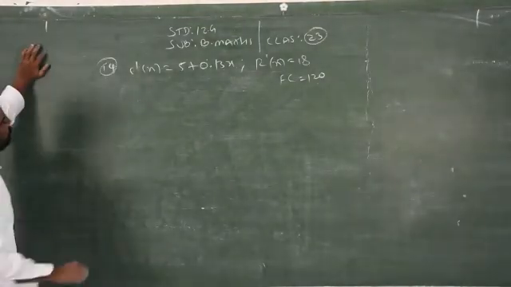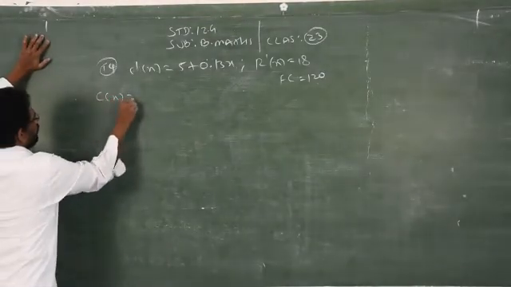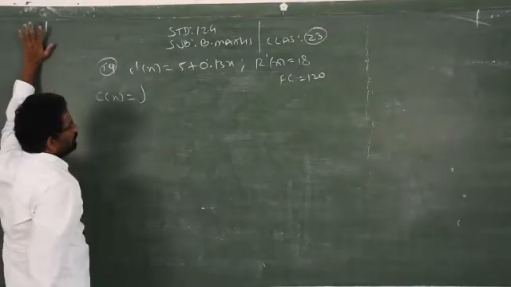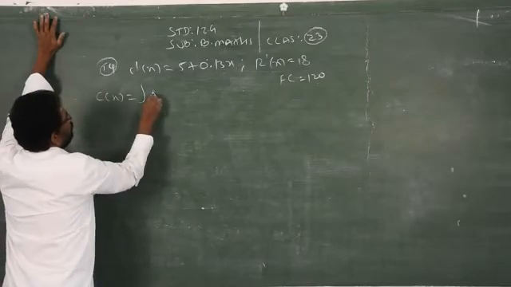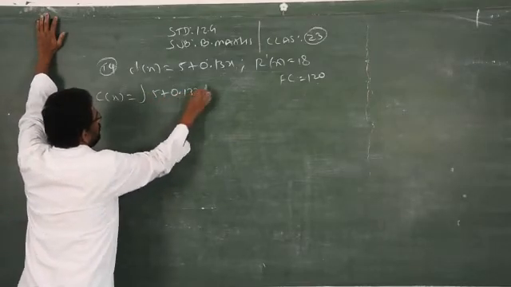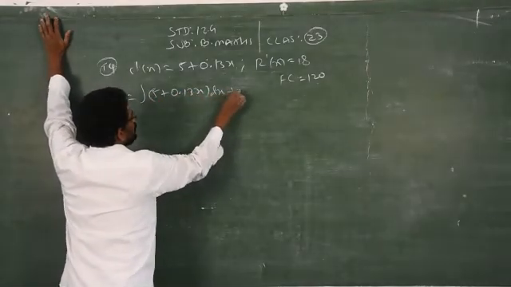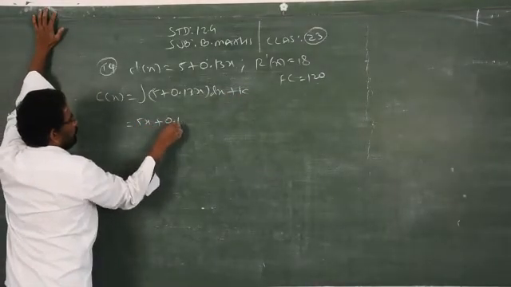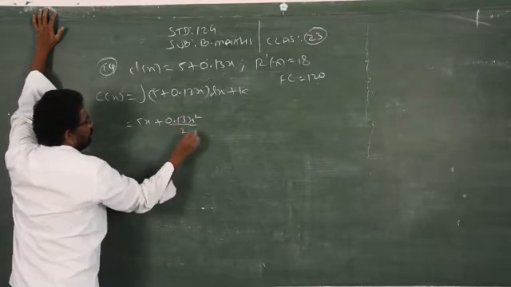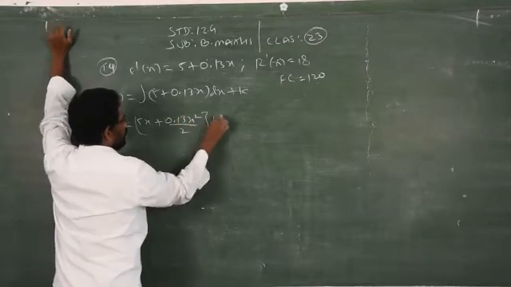Now listen. First you have to find C of x. No information is given about x, so you can take the indefinite integral of 5 plus 0.13x dx plus k. So integrate: 5x plus 0.13x square by 2 plus k.